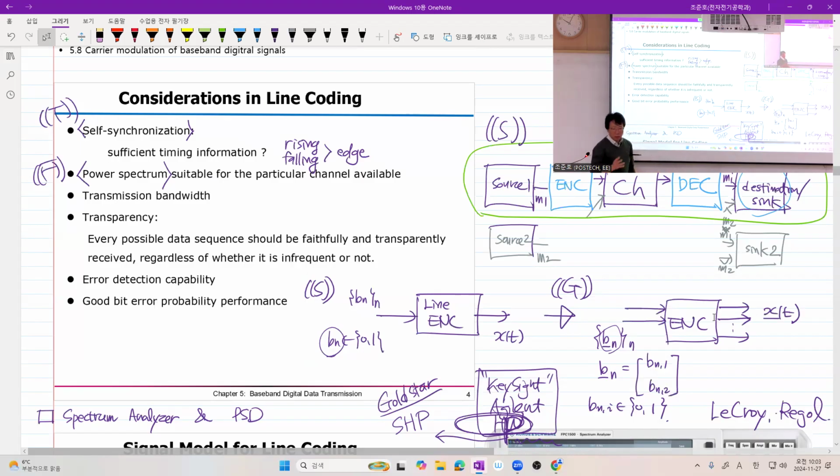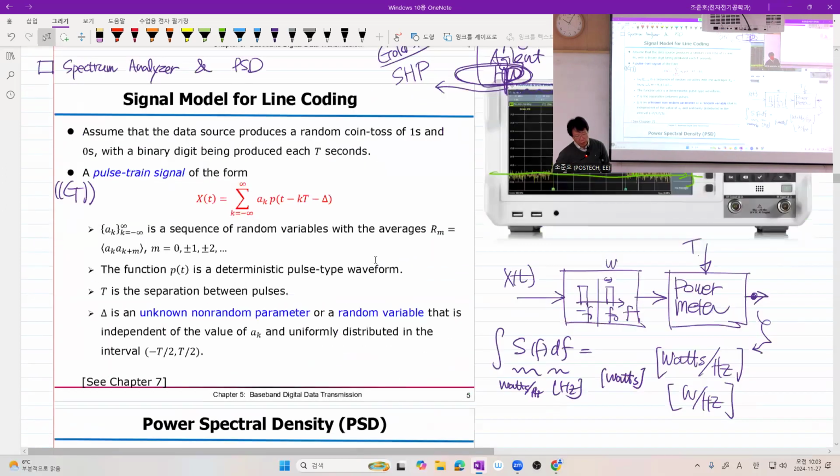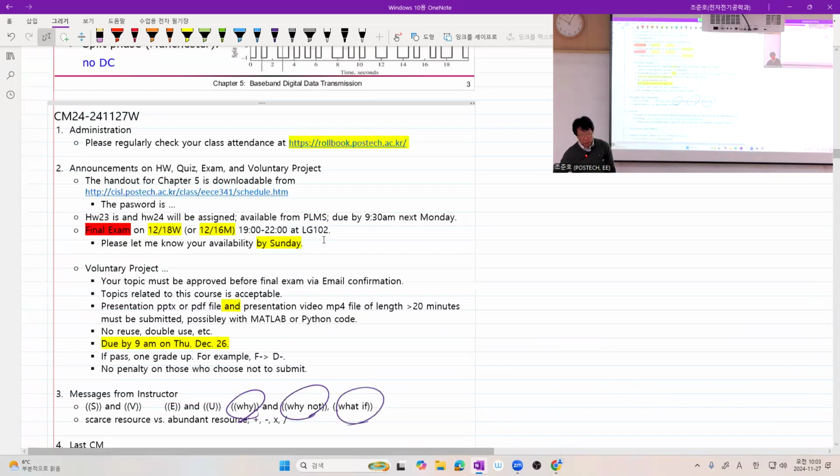I will just give you the formula and check which part affects our power spectral density in which way. So here goes the general signal model. Our line encoder input was a sequence of bits. In our textbook, it is called A sub k because here A sub k may be 1 or -1, depending on which line code you use.